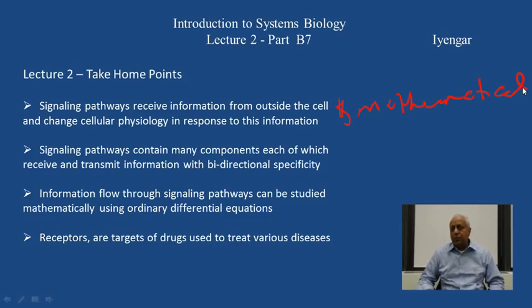Just to emphasize this point, let me use the examples of GS and GQ. GS couples to the GS coupled class of GPCRs and activates adenyl cyclase in response to these receptor activations.